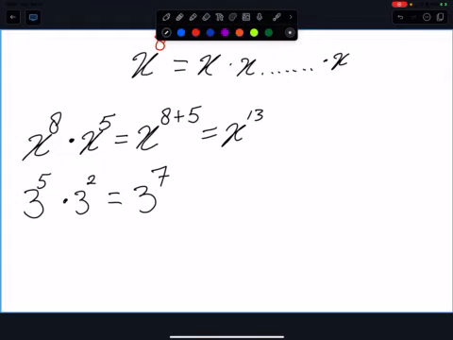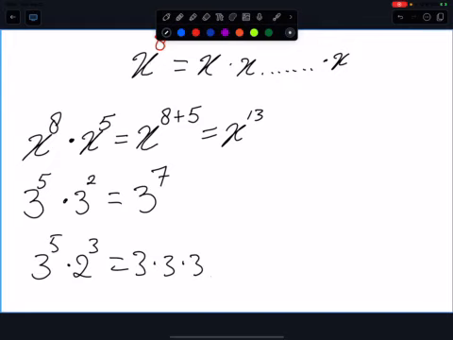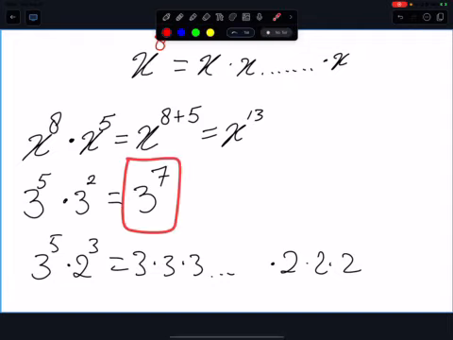So if I give you 3 to the power of 5 multiplied by 2 to the power of 3, you cannot do anything. You just have to do 3 times 3 times 3, and then multiply by 2 times 2 times 2. There is no answer like this. You cannot say, well, this is 6 to the power of 8. You cannot say that, because the base numbers need to be the same.